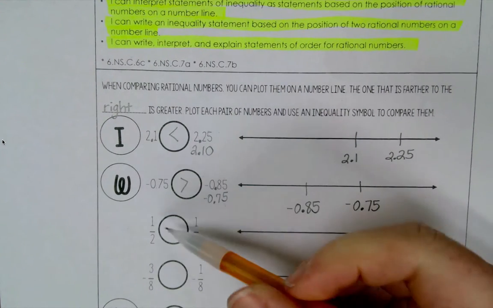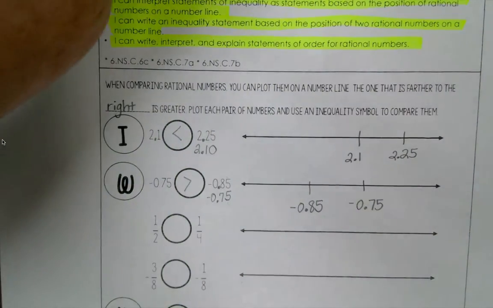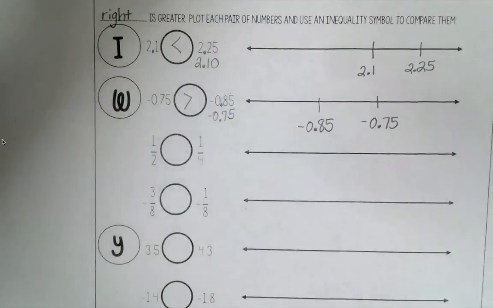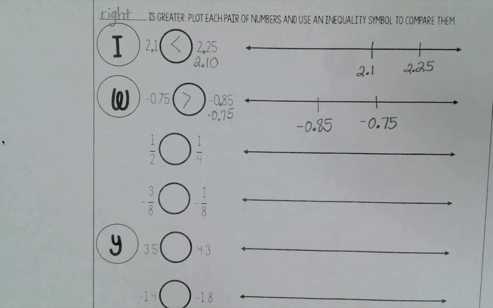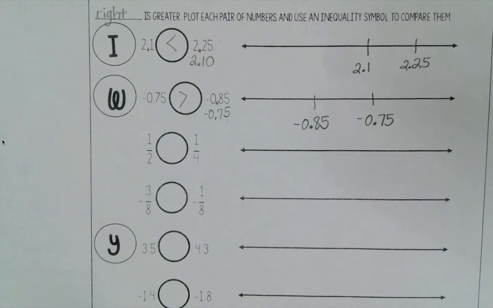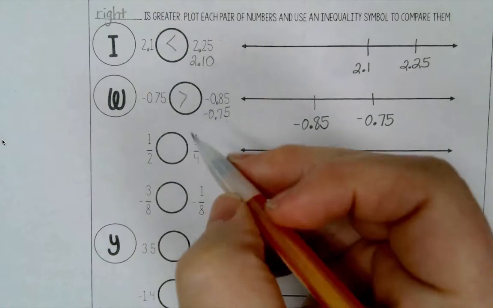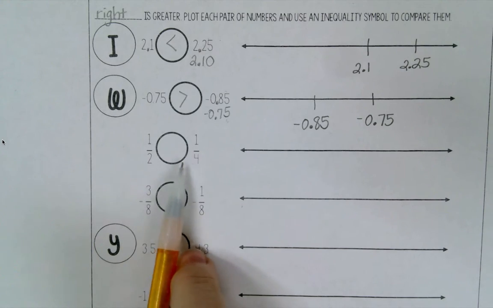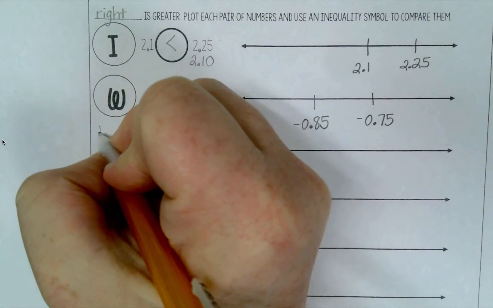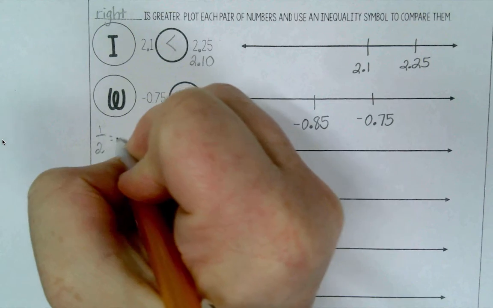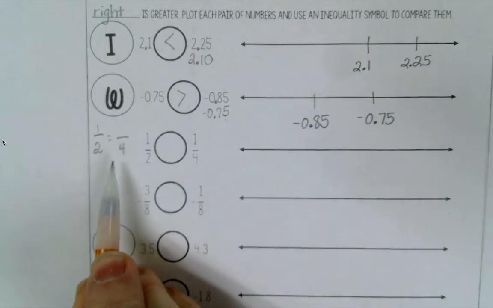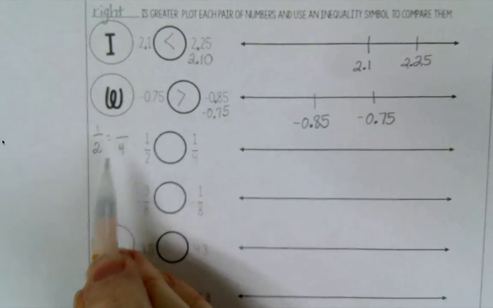Okay? This time I have two fractions. I have 1/2 and I have 1/4. Now when we compare fractions, we need to make our denominators the same, okay? I know that 2 is a factor of 4, so I have my 1/2, and I'm going to make an equivalent fraction where my denominator is 4.